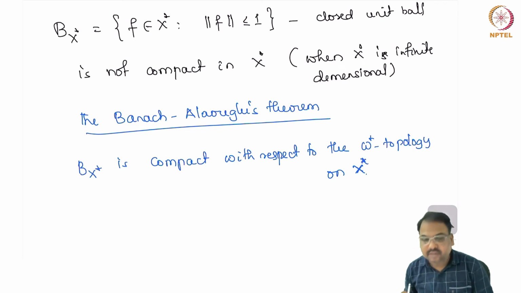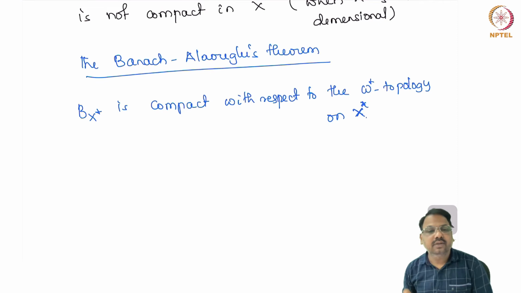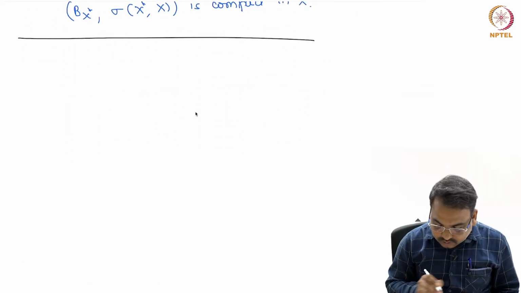So this is one of the important results in analysis, where we can get the compactness when we weaken the topology. Okay, so this result we will be using for our representation of commutative C star algebras and Banach algebras at a later stage. So next, let us come back to Banach algebras.